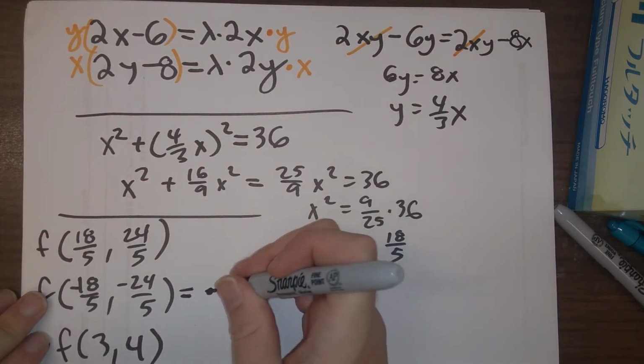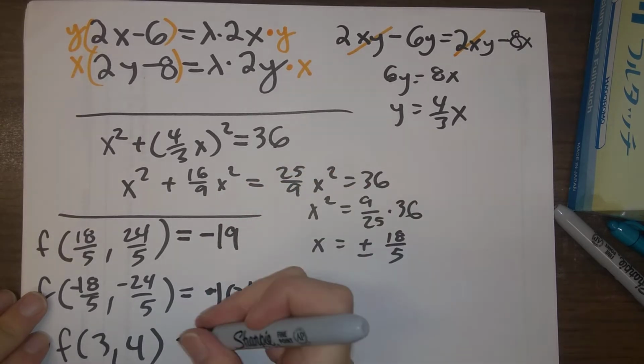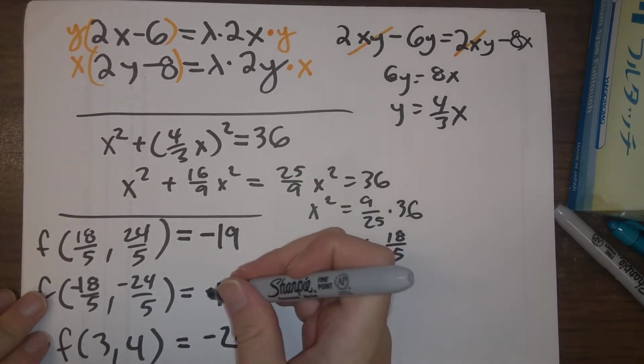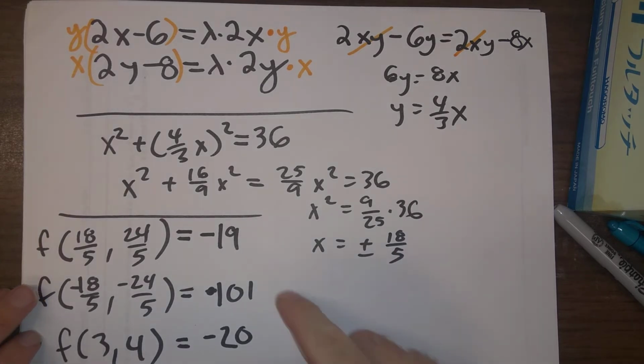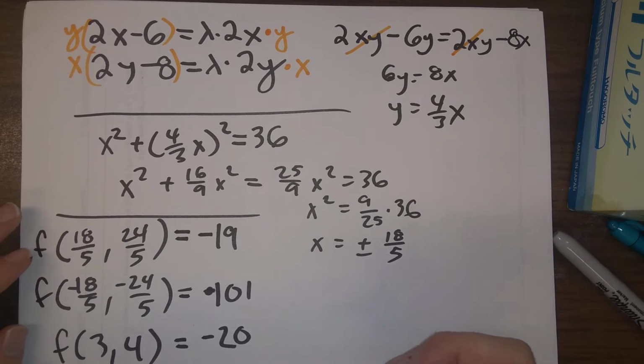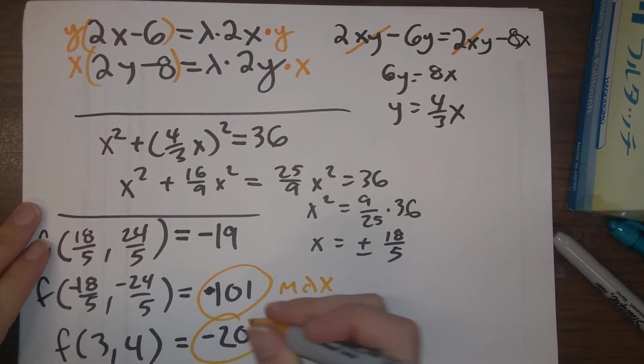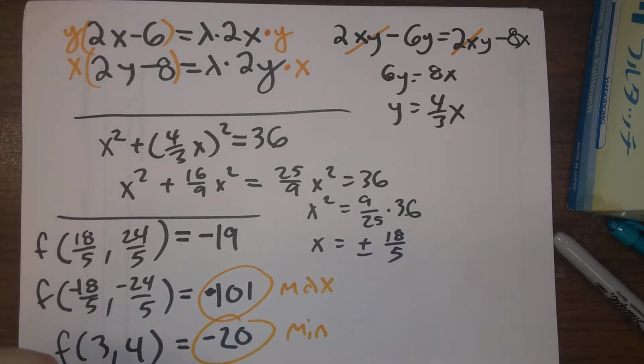I pre-computed these with a computer to make sure I didn't make any arithmetic mistakes. So our values are minus 19, 101, and minus 20. So here is our max, and there is our min.